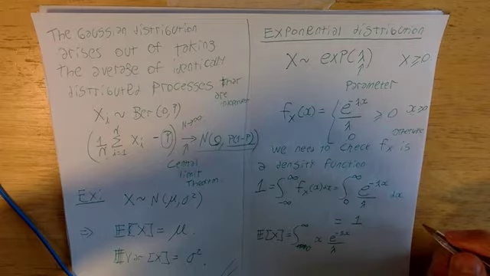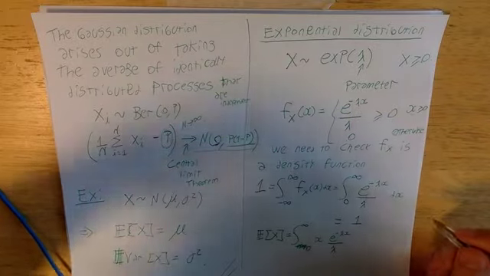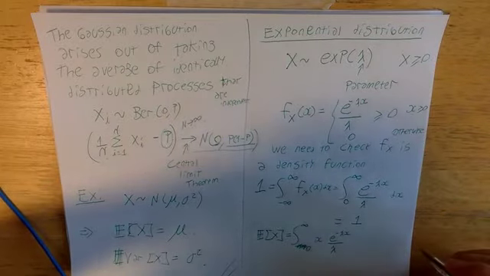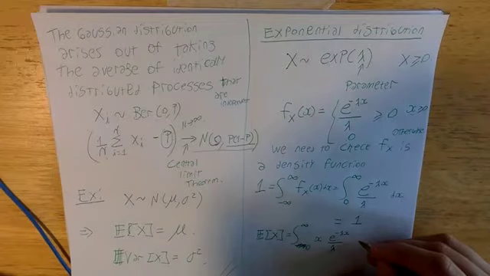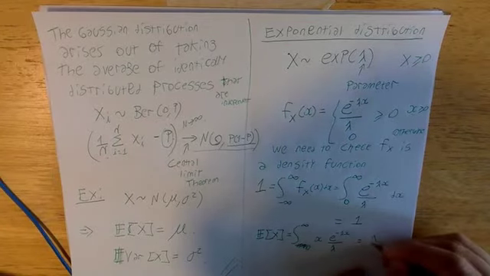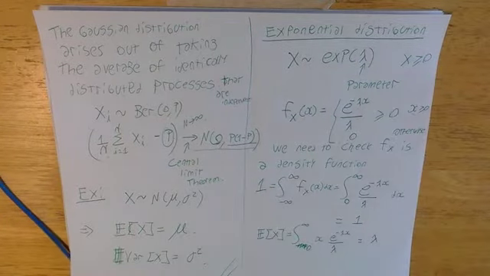To be able to do this, you have to do the same computations as before, and then you can end up figuring out that this has to be equal to lambda.